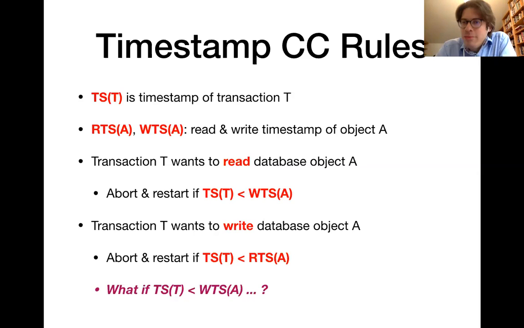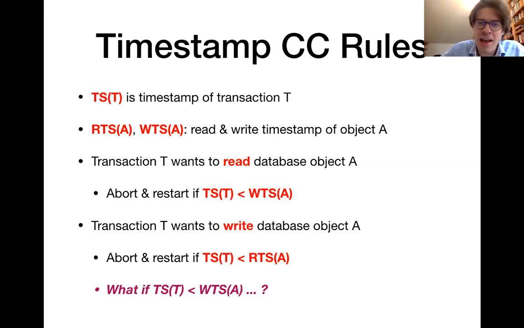Logically, this makes sense because of the following. If a transaction has a certain timestamp, it means that everything should be as if the transaction had executed at that time. And if the transaction had really executed at a specific time, then the version of an object that it reads must have been written by a transaction that executed before.